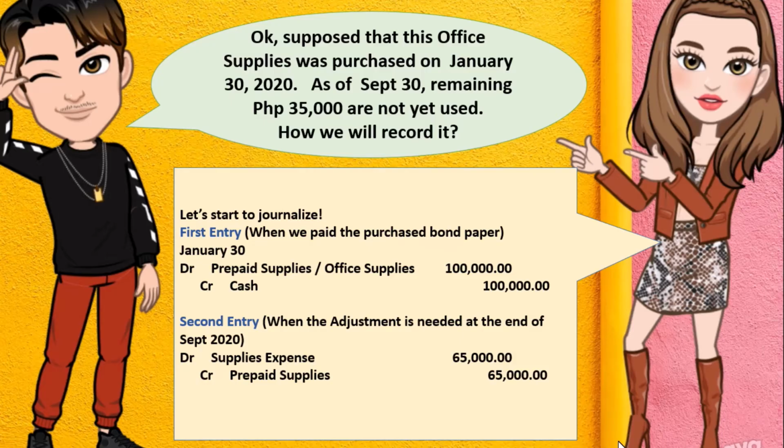So we need to debit supplies expense, because those bond papers are already used, 65,000 and credit prepaid supplies 65,000. So at the beginning of the year, we still have 35,000 that are not yet used.